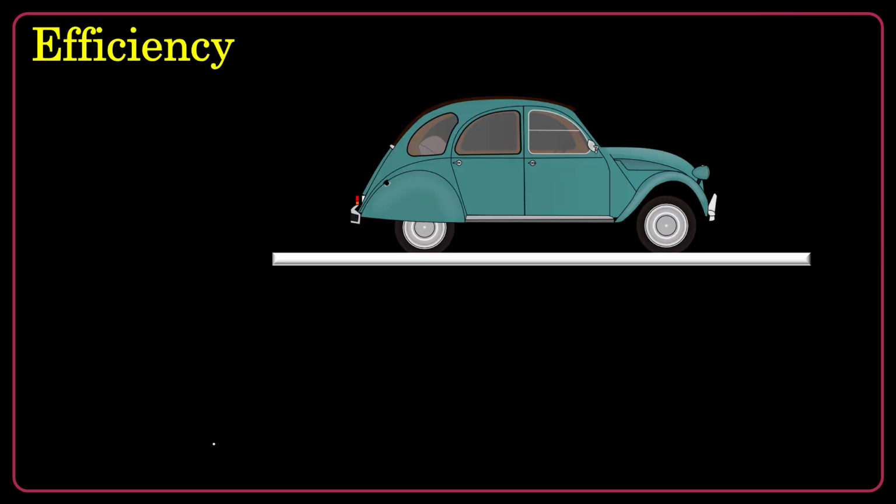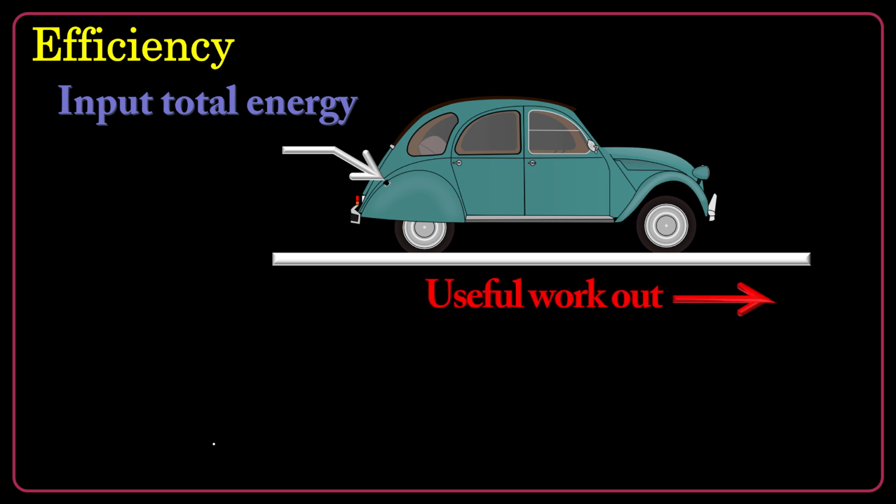Efficiency. In general, efficiency is defined for a machine. The machine in general has an input total energy in any form, maybe for the car in the form of electricity or the fuel, and the useful work out, or the useful energy out.